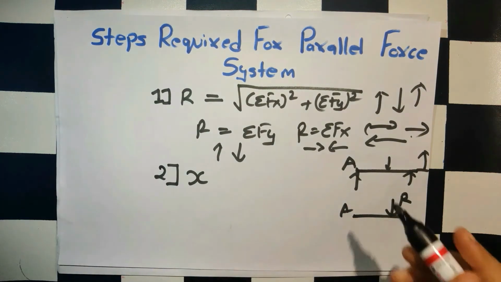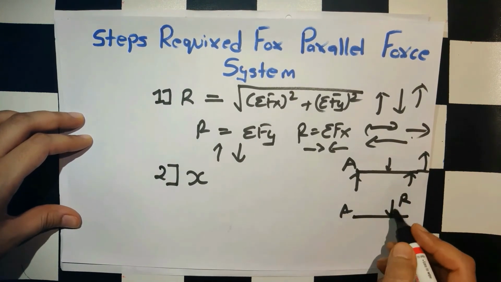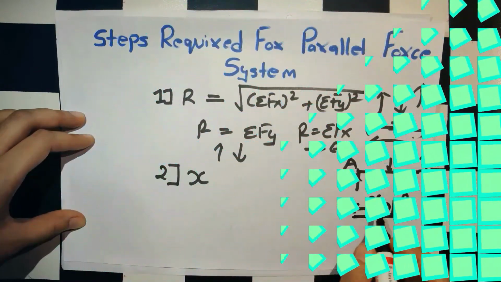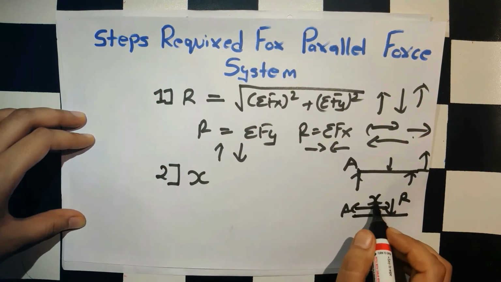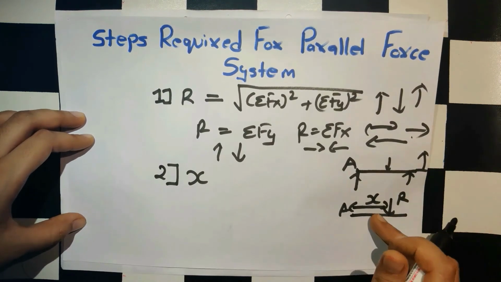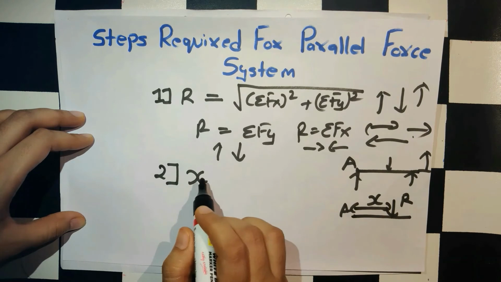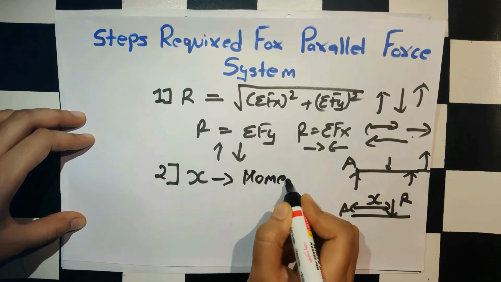So that's why the moment of all these forces with respect to A should be equal to the moment of this R with this point A. We don't know the distance of R from this point, so we denote it as x, and by equating both these equations we get the value of x. So how did we find out the value of x? With the help of moments. How?